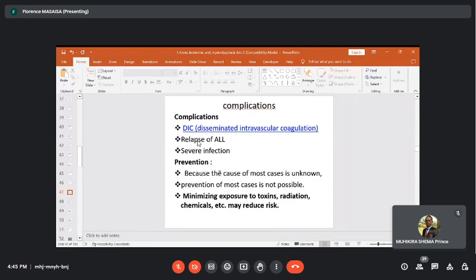So then that will cause DIC, which means consumption of coagulation factors and platelets. We will discuss more on the mechanism of DIC, but usually it's just the consumption of the coagulation factors and platelets, which will be manifested by bleeding and clotting together. There will be derangement of the fibrinolysis. That's explained in the process.